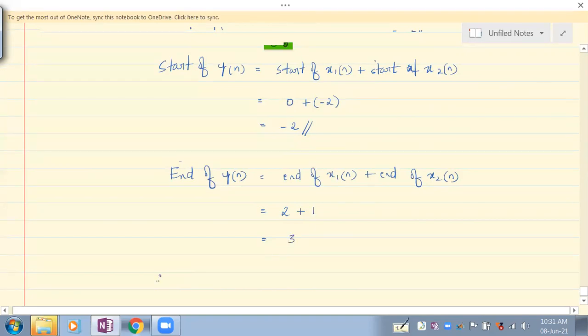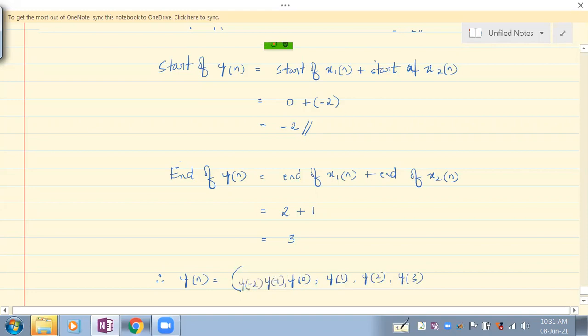So our y of n should actually look like this. It should have 6 samples: y of 0, y of 1, y of 2, and y of 3, and on this side y of -1 and y of -2.